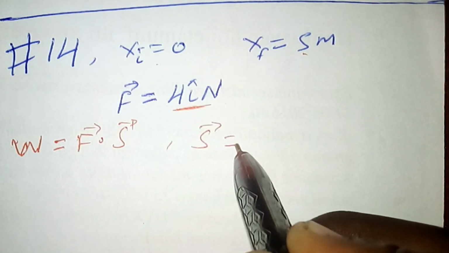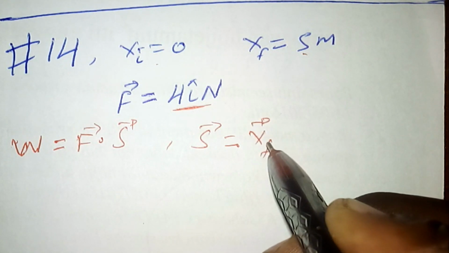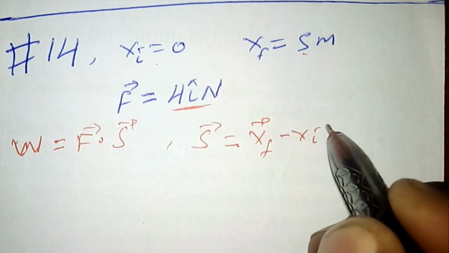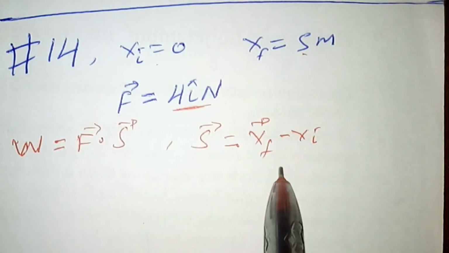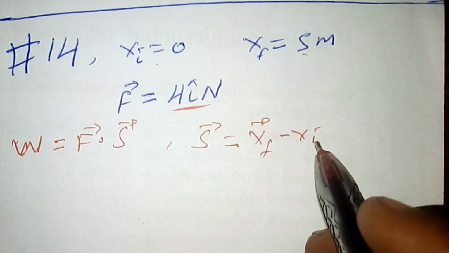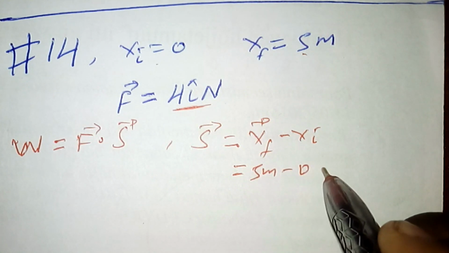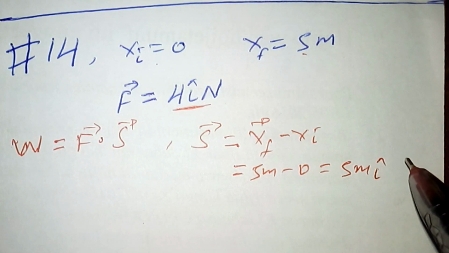Our displacement is the vector difference of the position, that is x final minus x initial. The force is along the x-axis and the displacement is also along the x-axis, which is 5 meter minus 0, which is 5 meter along i.